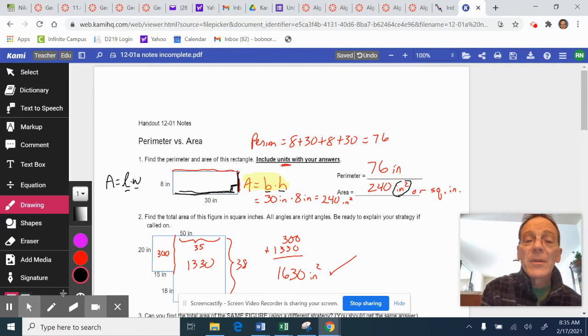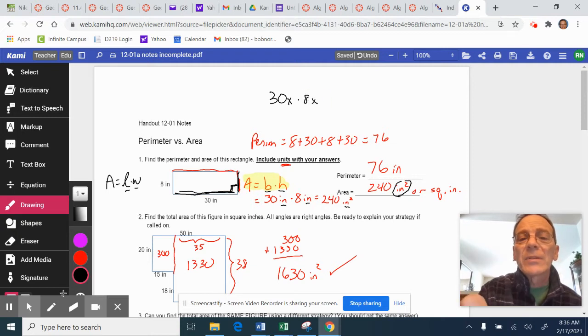Now look at the math here. The base is 30 inches. It's not just 30, it's 30 inches. And the height is 8 inches. And when you multiply 30 times 8, you get 240. When you multiply inches times inches, you get inches squared, just as if you were multiplying, let's say, 30x times 8x.